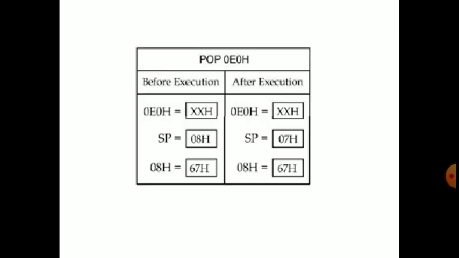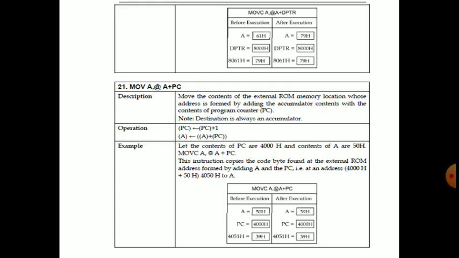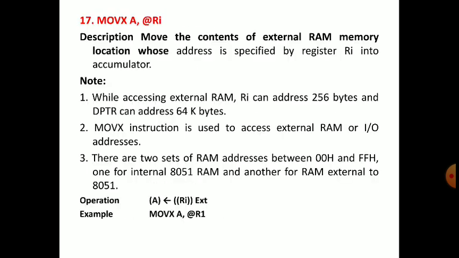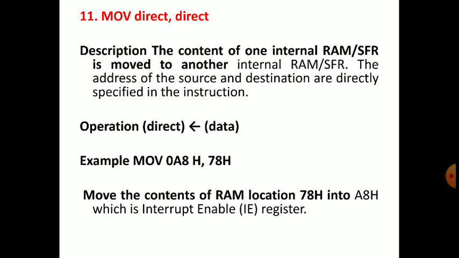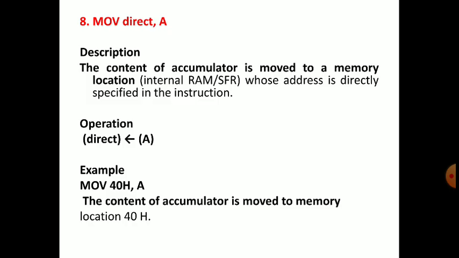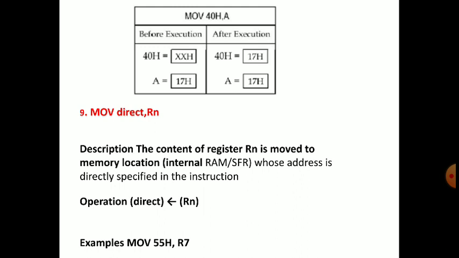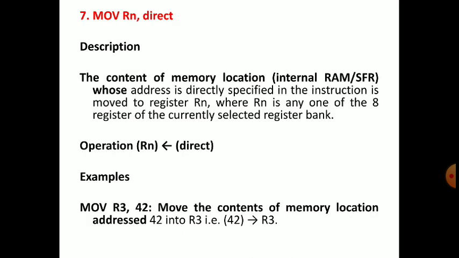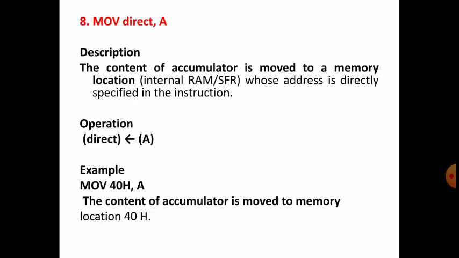See if you have that instruction or not. We have MOV direct, Rn, but yes, the same instruction MOV Rn, direct exists. What it will do? The direct address's contents will be moved on to the contents of Rn. Yes, we can simply use MOV R3, 45H.